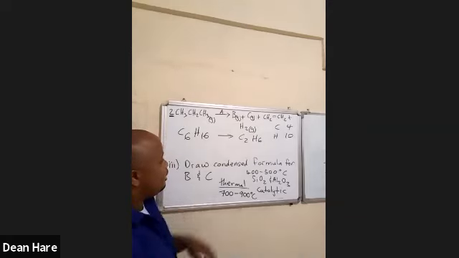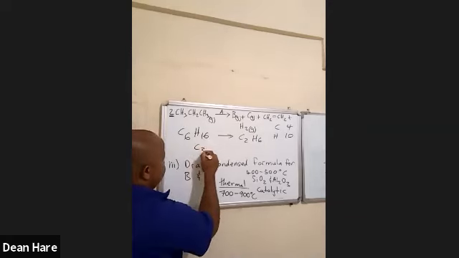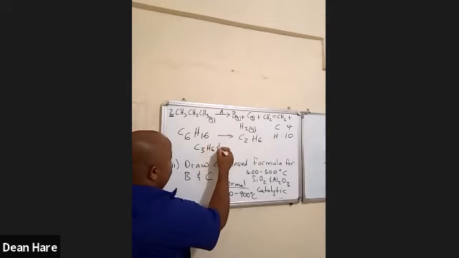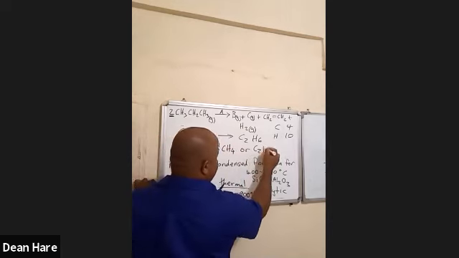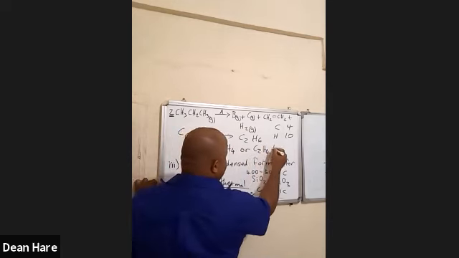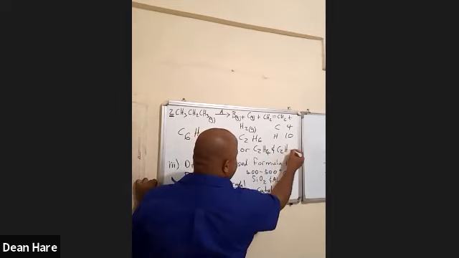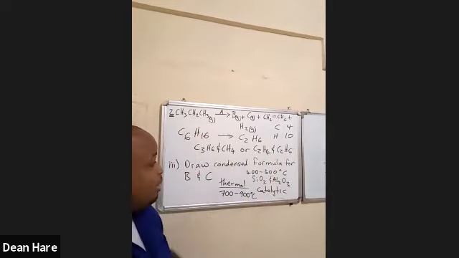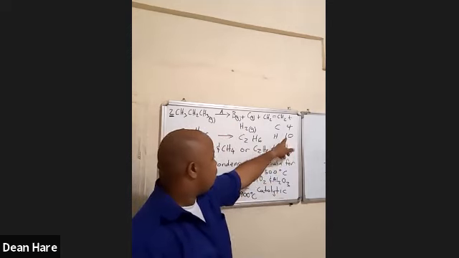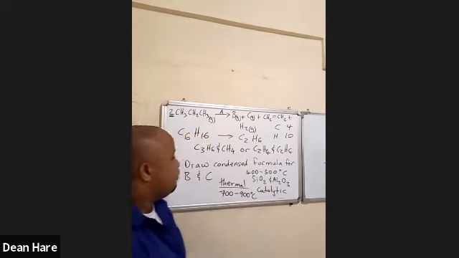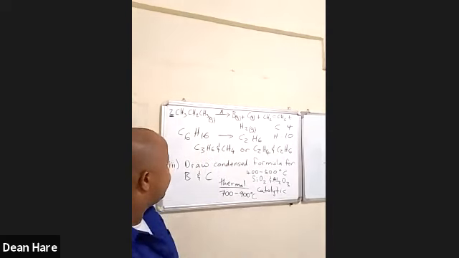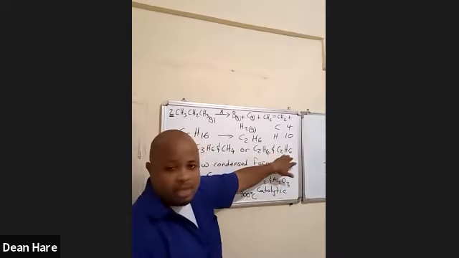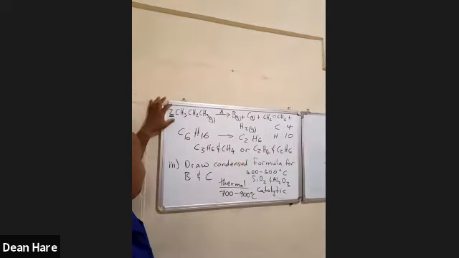So B and C can be propene, C3H6, and methane, or it could be C2H4 and C2H6, because both of them add up back to C4H10. And remember, we always check back after we finish if what we have on the product side matches the reactant side.